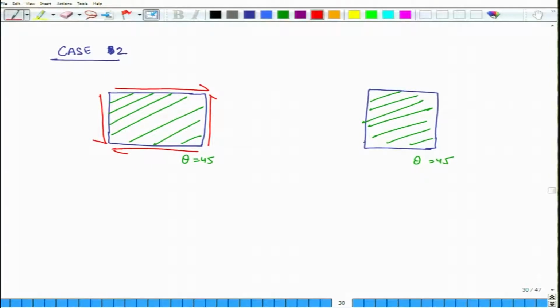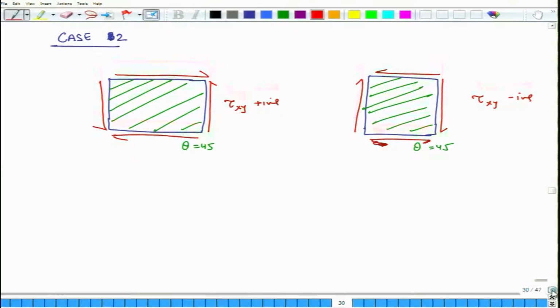In the first situation we are applying a positive shear stress, and in the second situation we are applying a negative shear stress. So, here tau xy is positive, and here tau xy is negative.